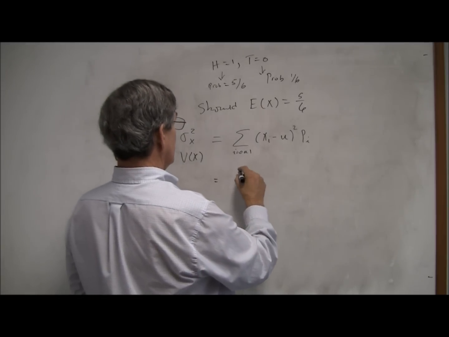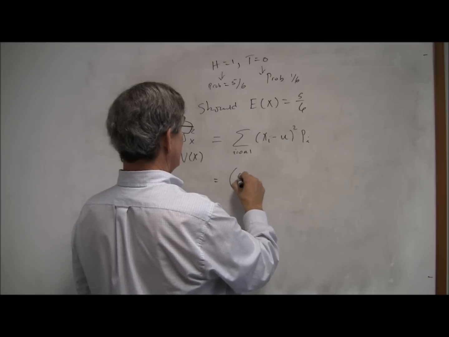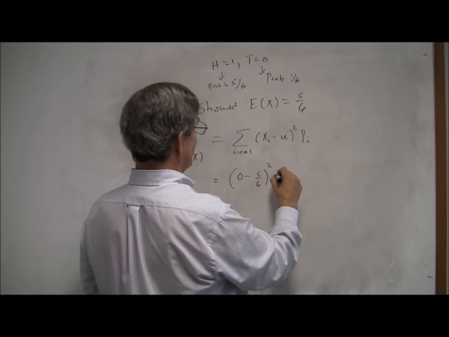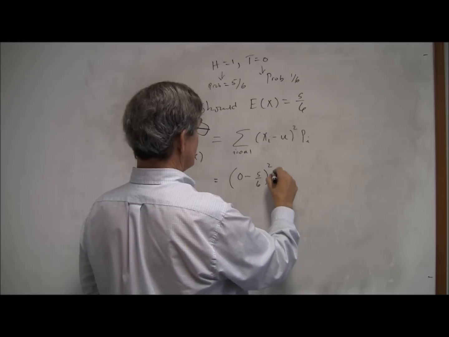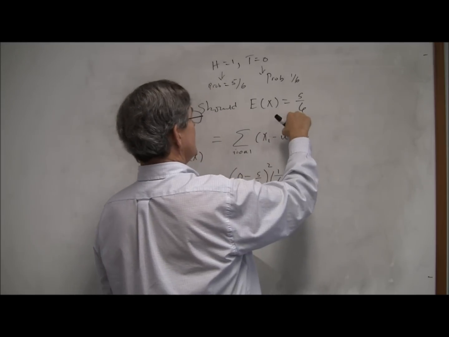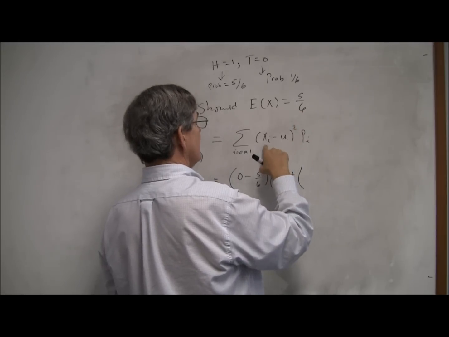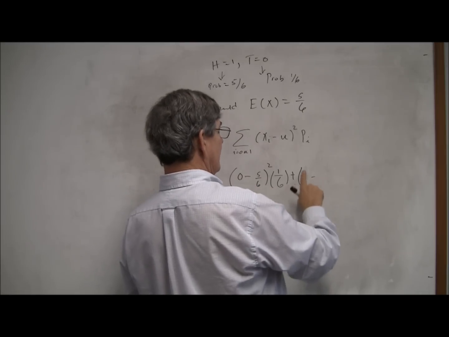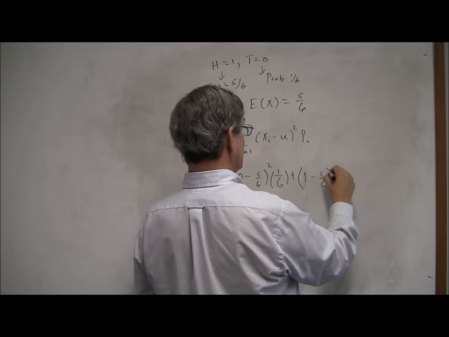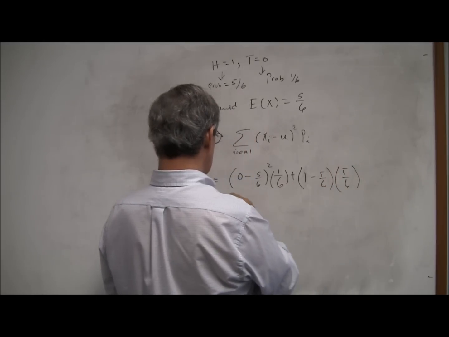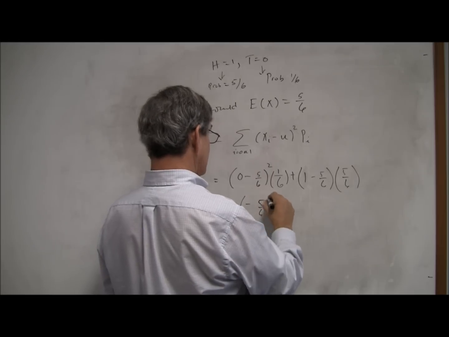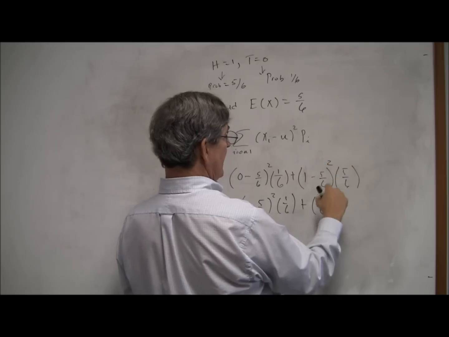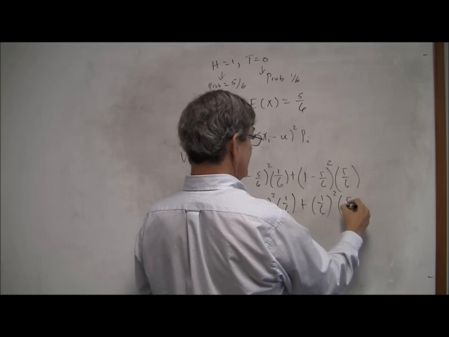Let's do 0 first: 0 minus 5/6 squared times 1/6, plus, for the outcome 1, this is the mean here, and this is the outcome, so 1 minus 5/6 squared times 5/6. Sorry, I forgot my squared there.